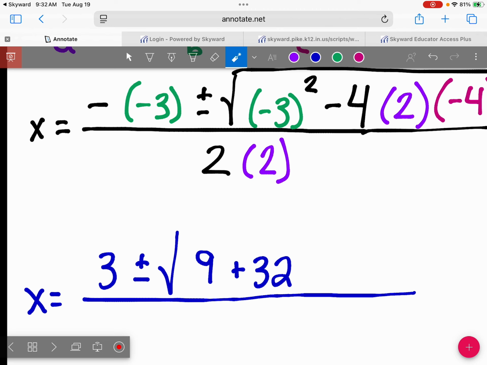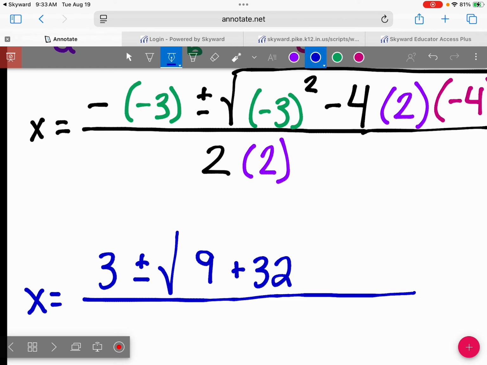If you think about this as 4 times 2 times negative 4, you'd have a negative 32 and you'd have minus negative 32. So depending on how you think about this as negative 4 or as positive 4, watch your signs. That's the place I see the most mistakes, is on that middle sign in your discriminant.